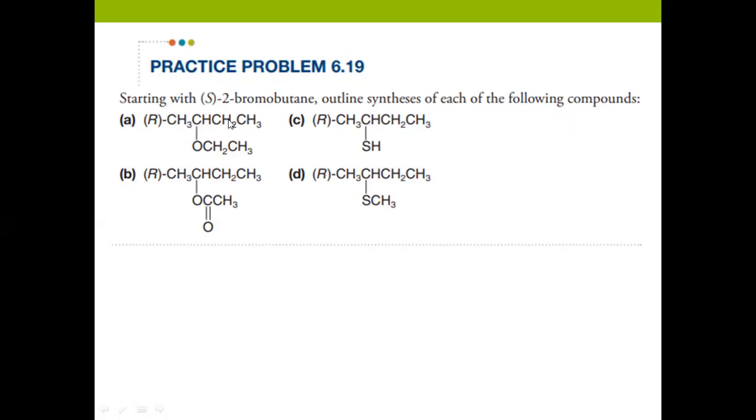If you have 1, 2, 3, 4, your reactant will have the bromine on the second carbon, and then your nucleophile will be CH2CH2O, negatively charged. So that becomes your nucleophile. It's so easy.